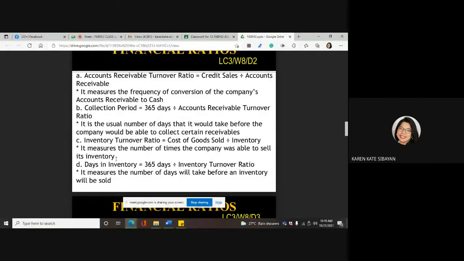So alam naman namin na sa isang sako is may 25 kilos sa harina. So syempre iba pa yung mga asukal ganyan. So, malalaman mo na kaagad, may estimate na kami kung ilang harina ang nakukonsume namin per week. Okay? Nang sa ganun, hindi rin ma-over bili ka ng mga inventories mo.